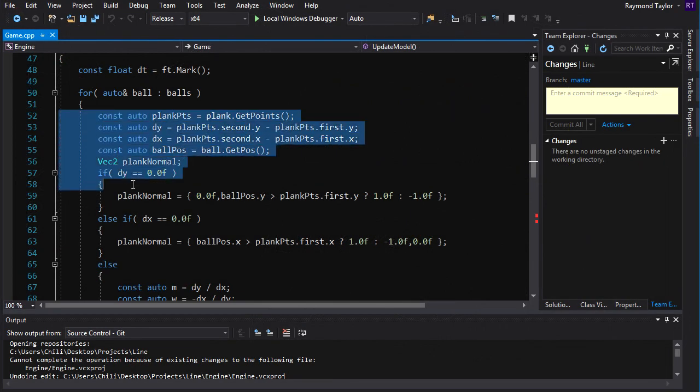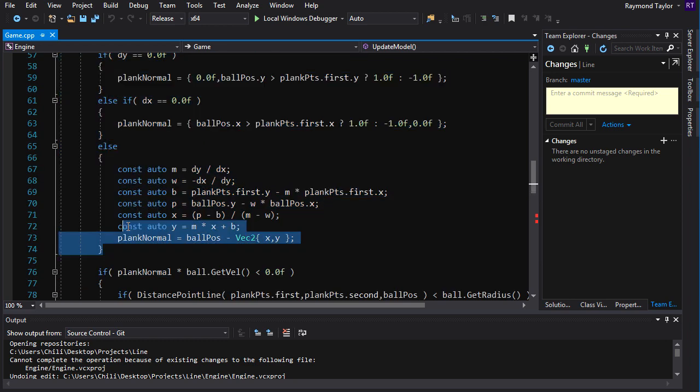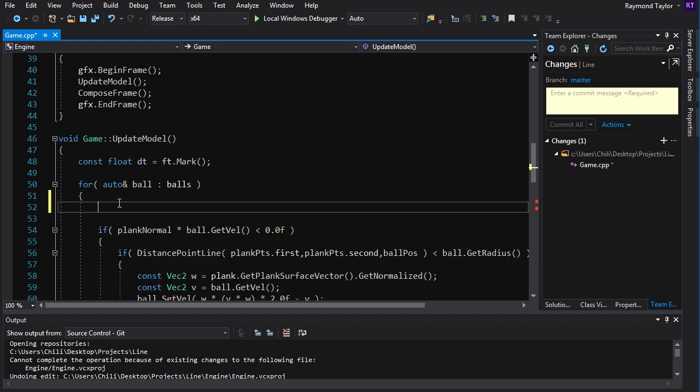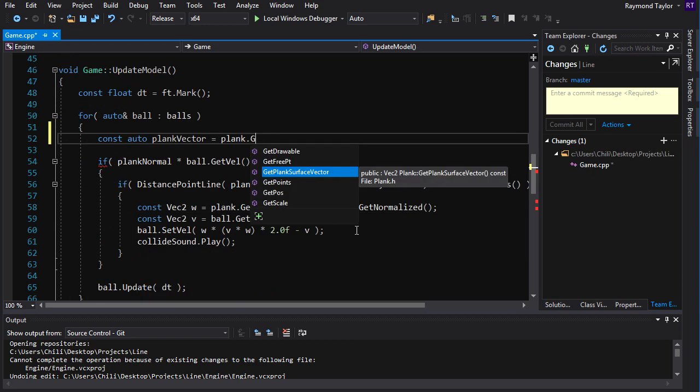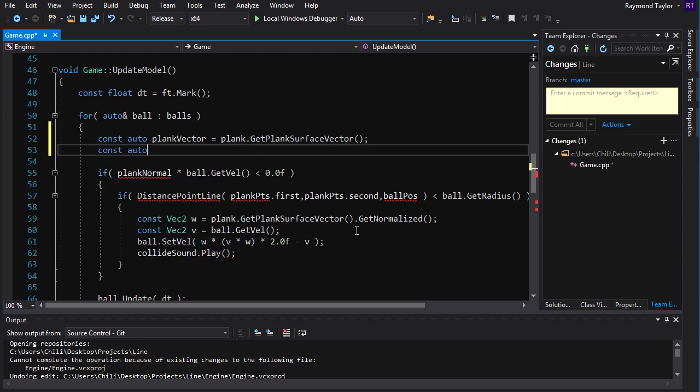So here it is. Here's all the work that we did in order to get that plank normal. Let's delete it all because we don't need it. You're going to be so amused by how simple it is. So let's do const auto plank vector, get surface vector. So we'll get a vector in that direction, and then we're going to do const auto plank normal.